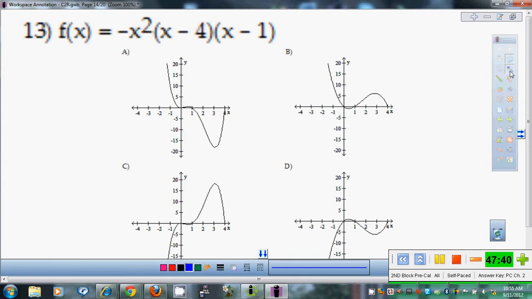How did you know that? That's right. End behavior alone would have told you this one. Negative, there are 4 x's, so even negative is down, down. This is the only down, down, down on the page. Very good. And then you could have known stuff about your roots. Had there been another down, down, you could have been like, well, it touches at 0, crosses at 4, and crosses at 1. I wish they had kept drawing these. 1 and 4. Yeah, those are the 2 ways to graph those.